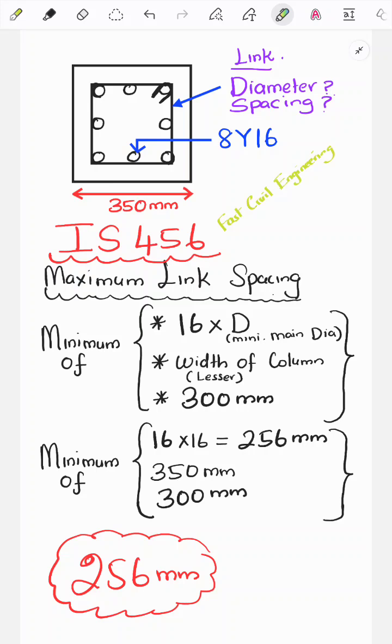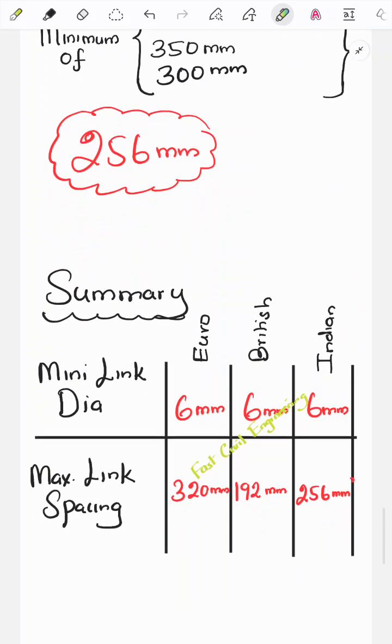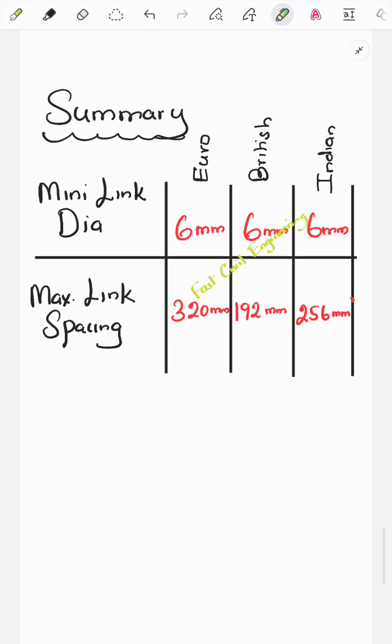Number 3, 300 millimeter. The smaller of these three values is 256 millimeter. So maximum tie spacing according to the Indian standard is 256 millimeter.